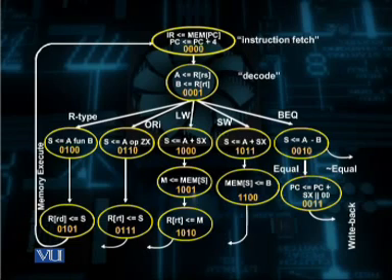Whereas if it is a load instruction, the sign extended immediate value is added to the contents of the register RT, the register whose value has been placed in register B, and this value gives the address from where the memory is to be read, and it is kept in the temporary register S.